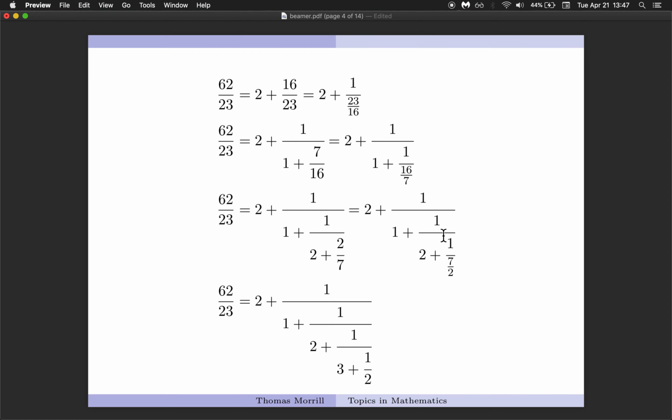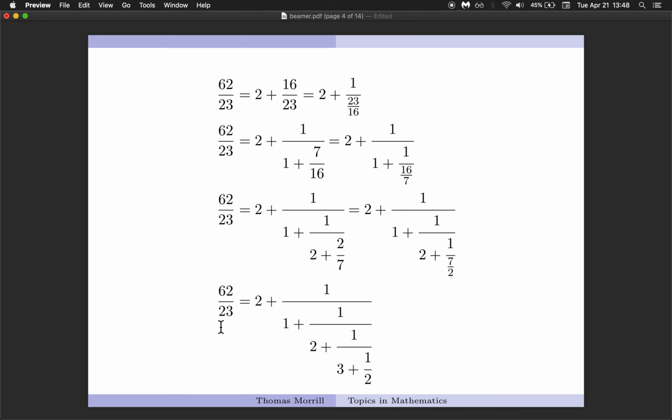So in my final step, I've only changed this last denominator here. Everything else, all the numbers I determined up to that point, are the same as they were earlier in my equations. At this point, all of my numerators are 1s, and I'm done.